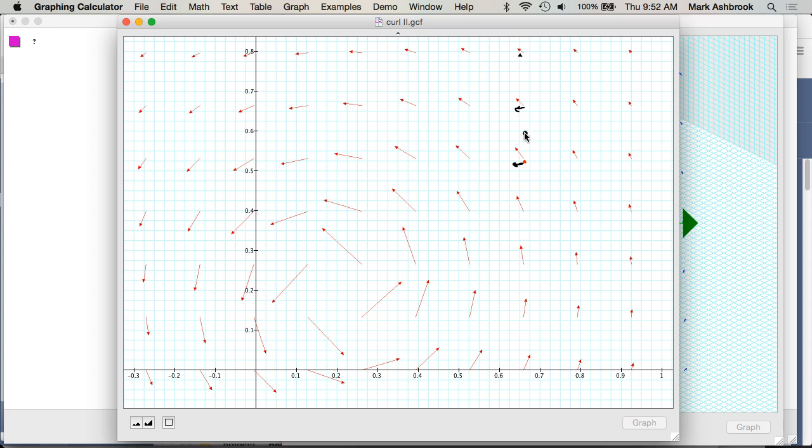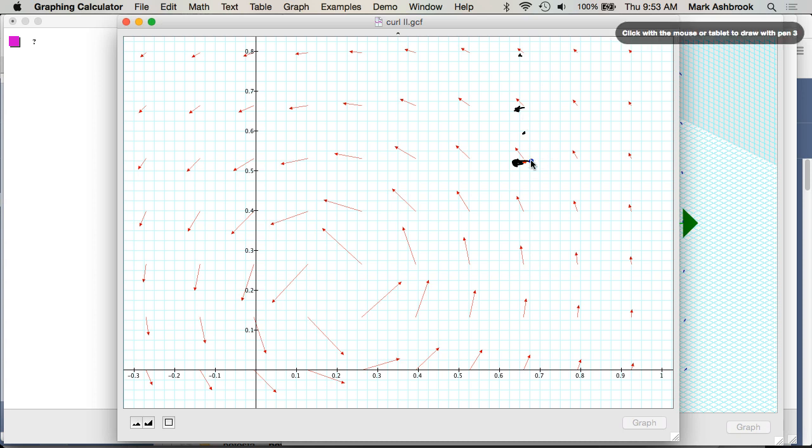Is that indicating clockwise or counterclockwise rotation, say at that point right there? If this vector is larger than this one, is larger than this one. Okay, don't go there. Just tell me, is it clockwise or counterclockwise rotation according to the fact that these vectors get smaller as you go up? Clockwise. All right, let's look at vertical.